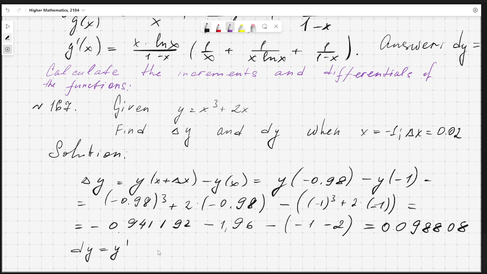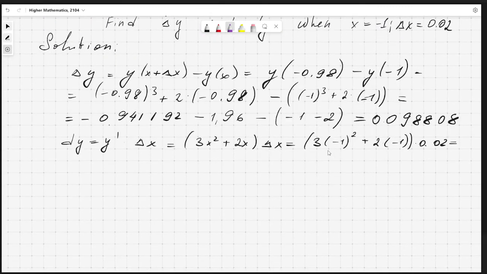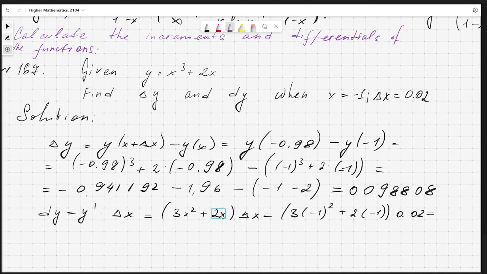Then dy is y prime times delta x. y prime is 3x squared plus 2, times delta x, equals 3 times minus 1 squared plus 2, times 0.02. Here it is not x, just minus 2 plus 2. 3 plus 2 is 5. 5 times 0.02 is 0.1.